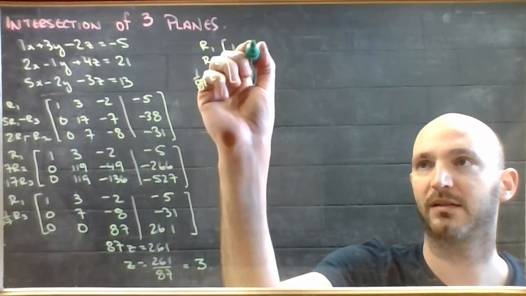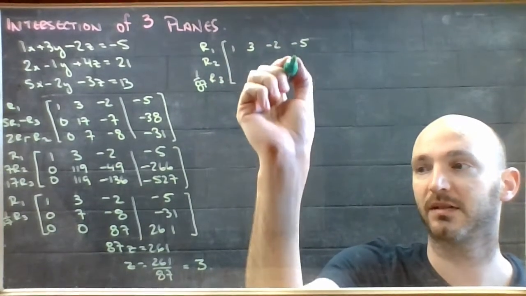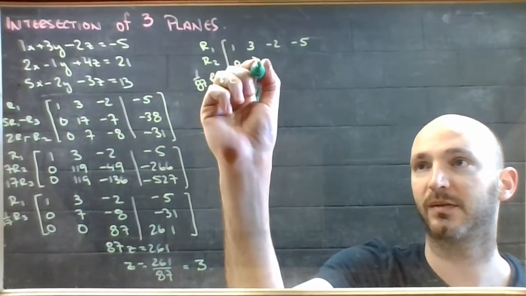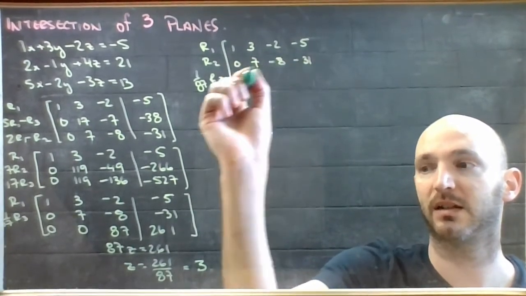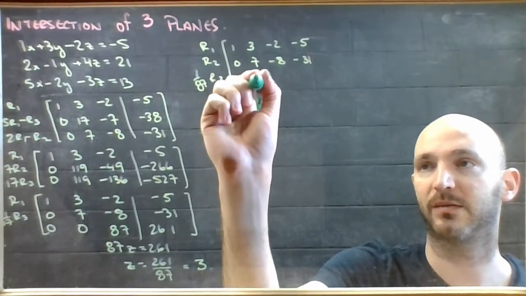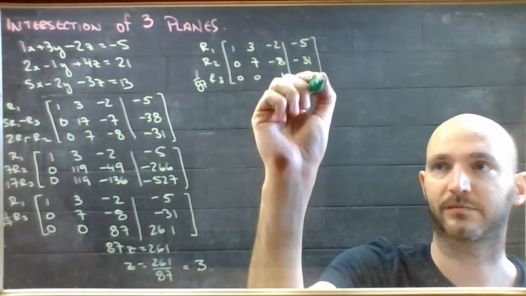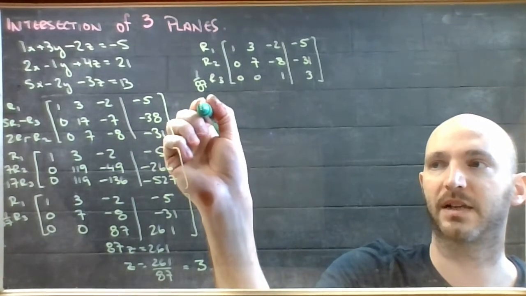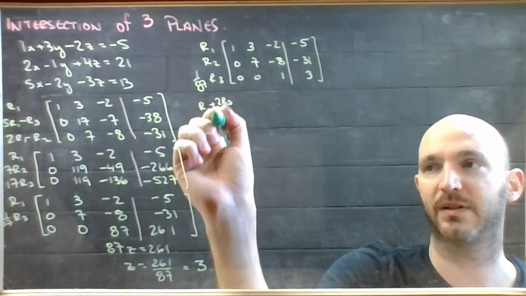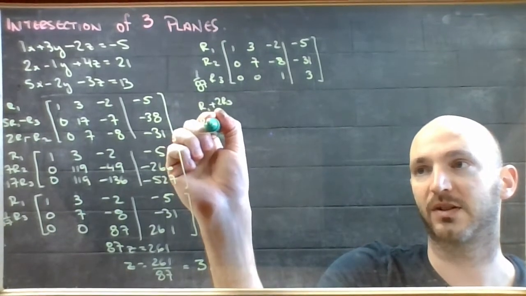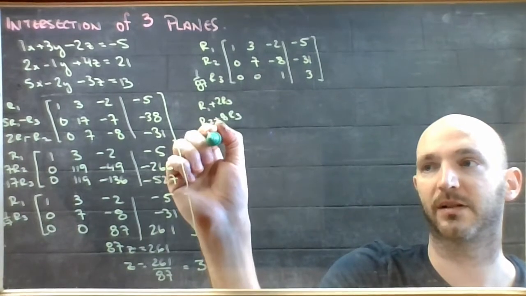So 1, 3, negative 2, negative 5, 0, 7, negative 8, negative 31, and 0, 0, 1, 3. Okay, so I'm going to take R1 and add 2 of R3 to it. And then I'm going to take R2 and add 8 of R3 to it. And I'm going to leave R3 alone.